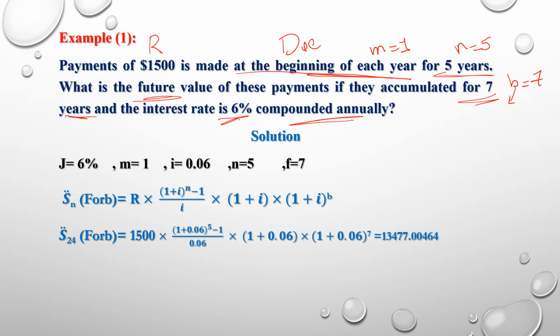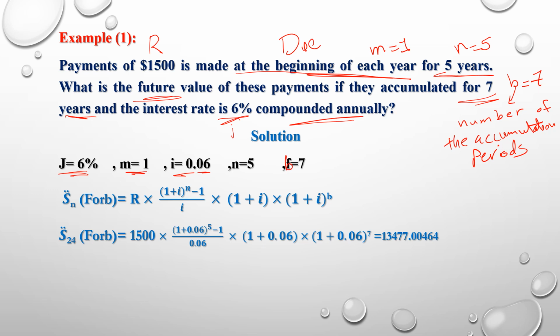b is the number of periods of the accumulation. The interest rate equals 6%, which is j, compounded annually. So j equals 6% and m equals 1, and i is j over m, so this equals 6% also. n equals 5, b equals 7.